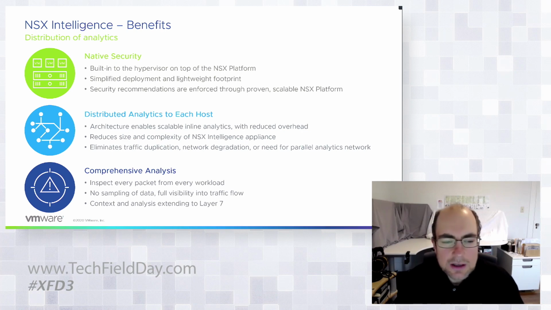We're leveraging a number of patented AI and ML algorithms that build upon VMware's awareness and knowledge of what an east-west or a microsegmentation and zero trust security policy should look like. And because of the NSX architecture, right, we don't have that trade-off of sampling or being too far away from the workload to get context, right? We see everything and don't have any trade-offs in our analysis.